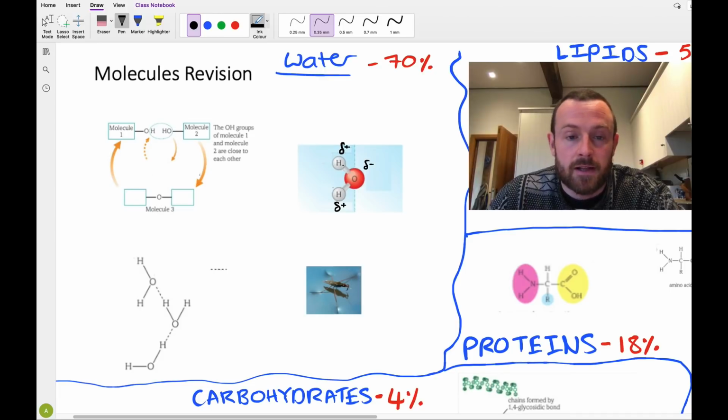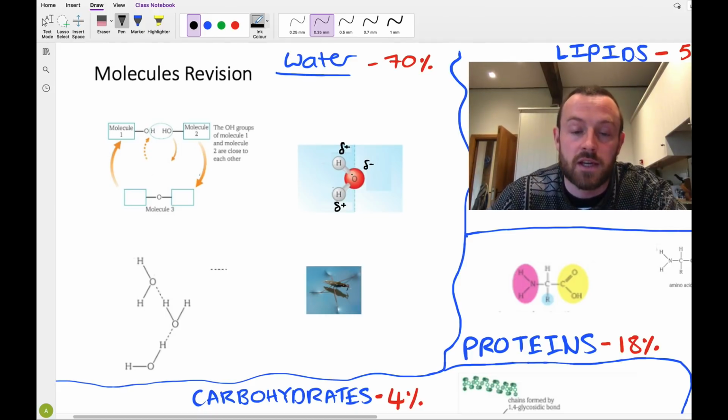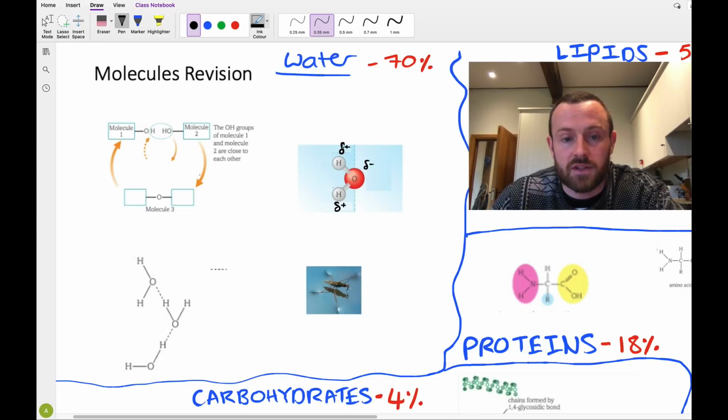That's because the covalent bond between the hydrogen and the oxygen is unequal. Oxygen is more electronegative, which means it pulls the electrons towards it, giving the covalent bond an uneven character. So it's because of this uneven charge that water has many special properties.